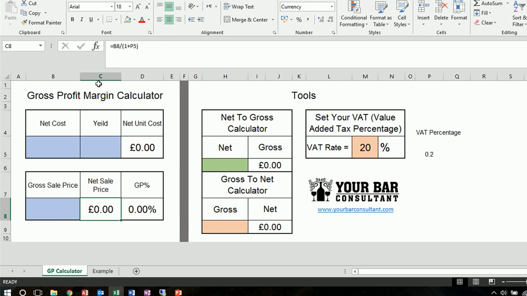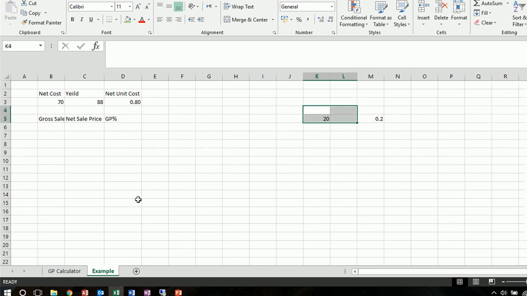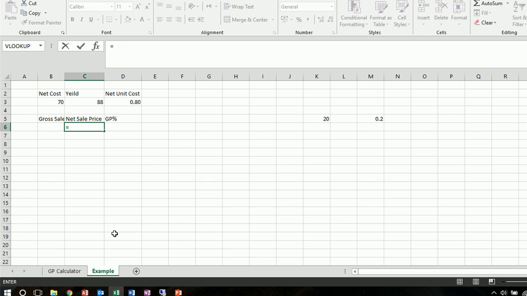So as you can see here, we have the gross sale price divided by the rate of VAT. So if you remember before, it was divided by 1.20. So the easiest way of doing that is 1 plus 0.2. So we can say that the net sale price equals the gross sale price divided by 1 plus 0.2.